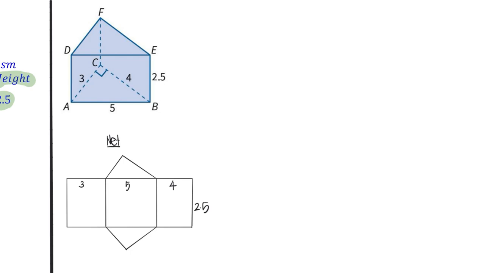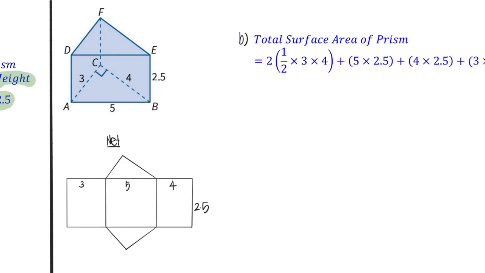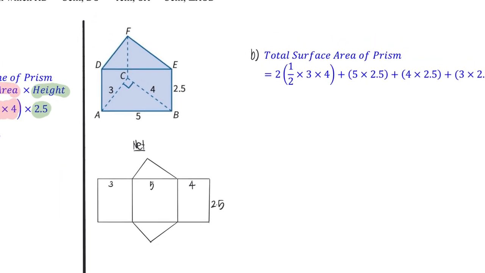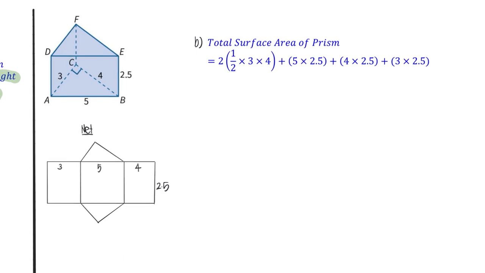The first approach is to find these 3 sides, the 2 base triangles and the 3 different rectangles. 1, 2, and 3.